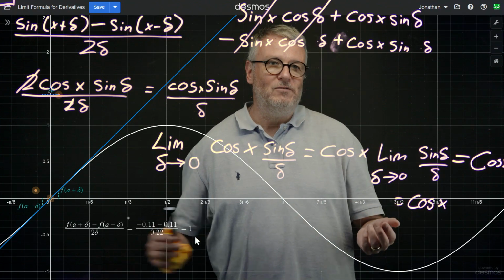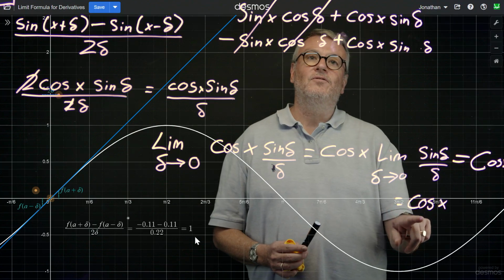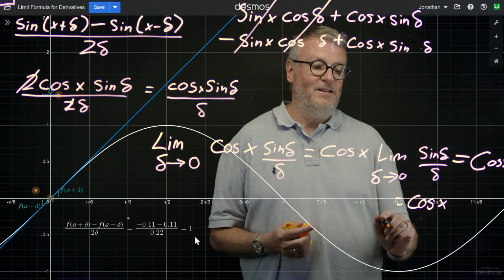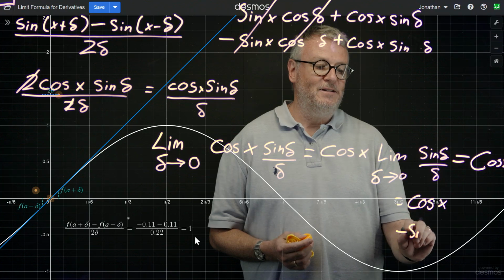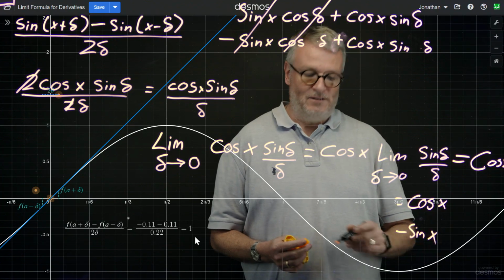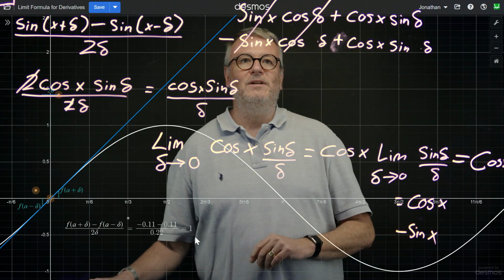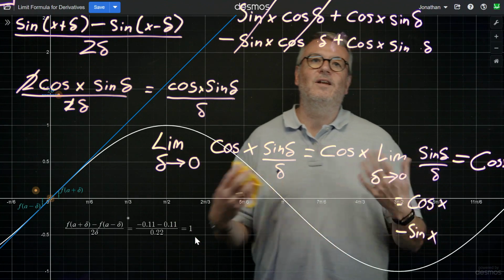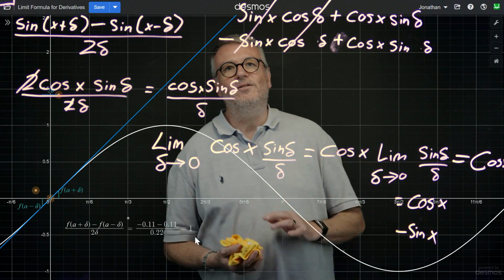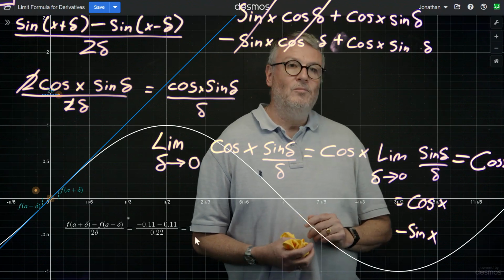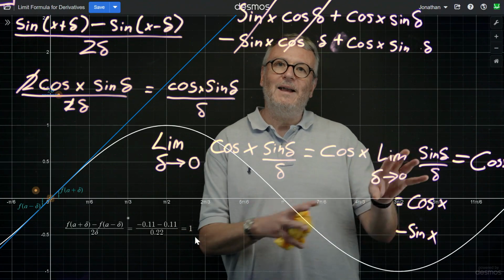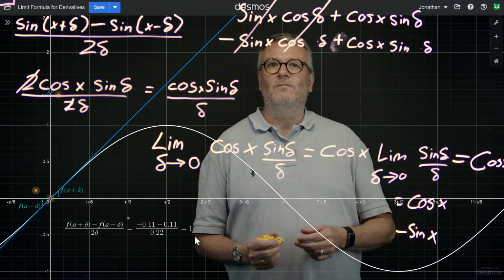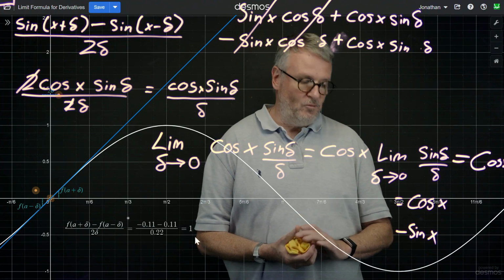It's beautifully symmetrical because the slope of a cosine is minus the sine of x. So there's a real symmetry in there. To find out the slope of sine, you use cosine. To find out the slope of cosine, you use sine. Beautiful piece of mathematics. But that's the way we find out the slopes of functions.